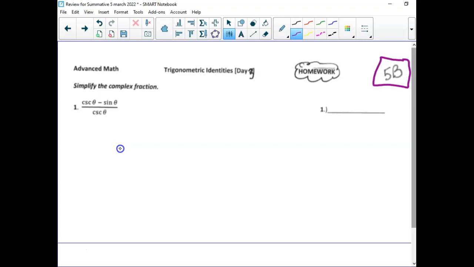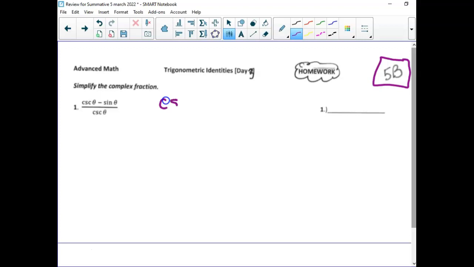Any ideas on how to simplify this one that says cosecant minus sine over cosecant? Yes, you could split it up.